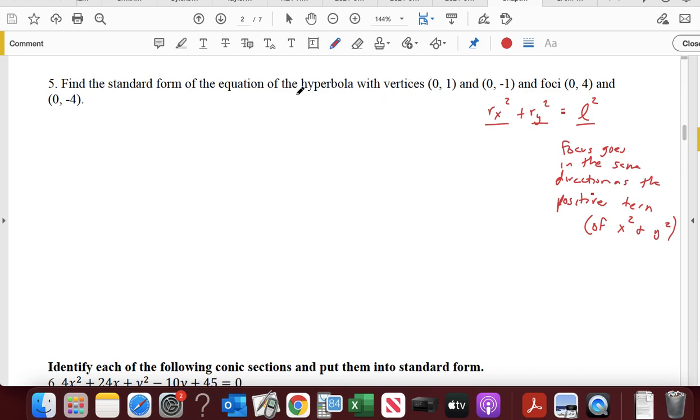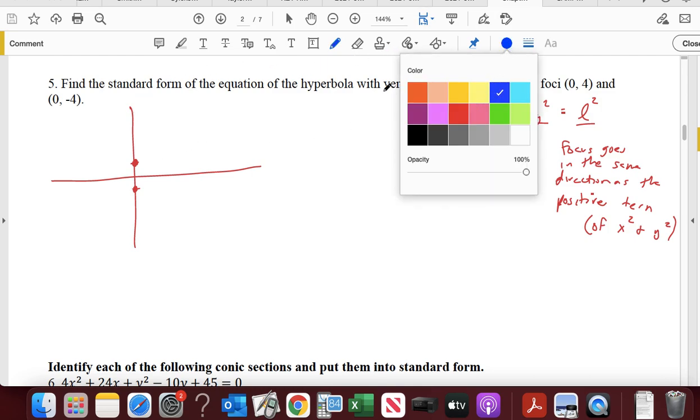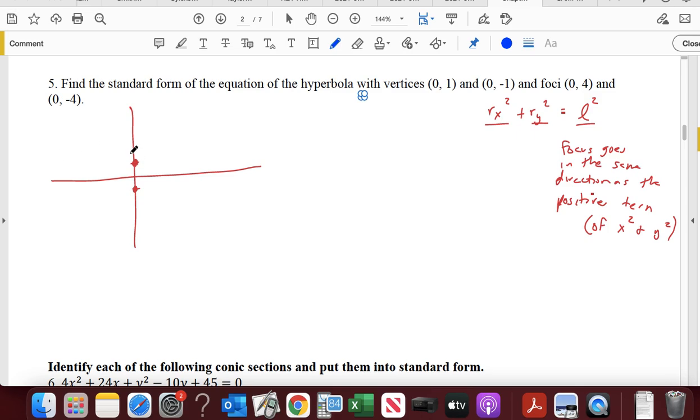All right, so I have vertices of 0, 1, and 0, negative 1. So they're my vertices. Because those are called my vertices, I know my foci are in the same direction, but again, we were told it was in that direction, so we didn't need that. So 1, 2, 3, 4.